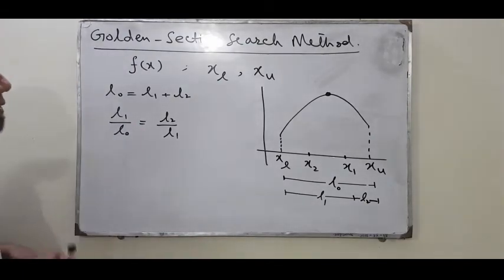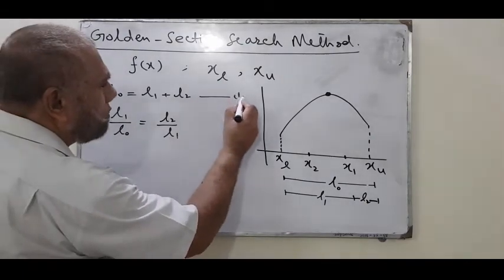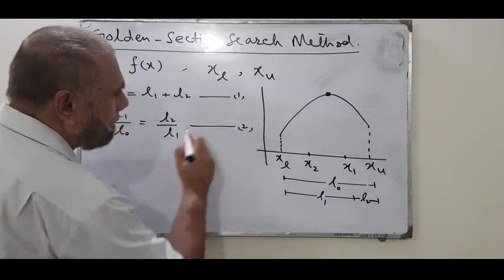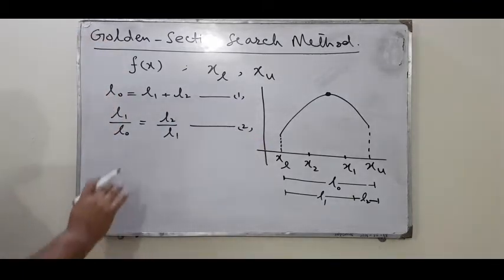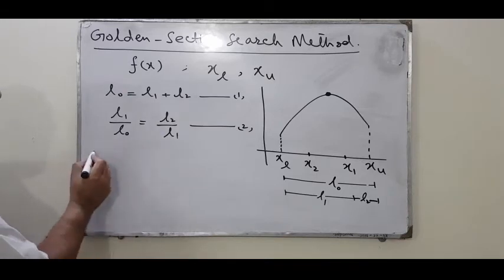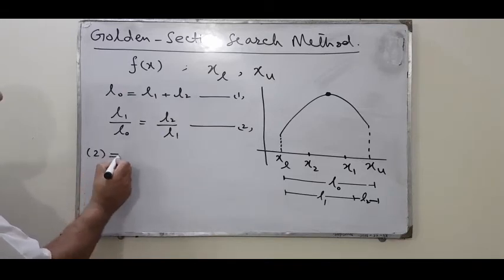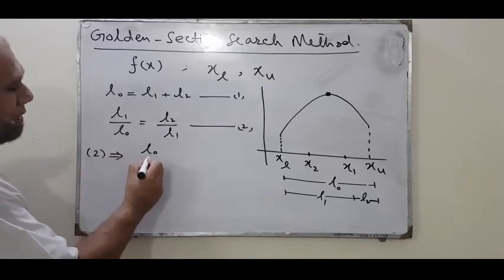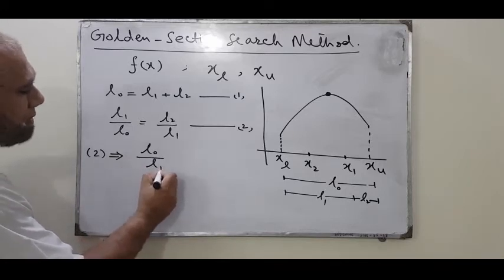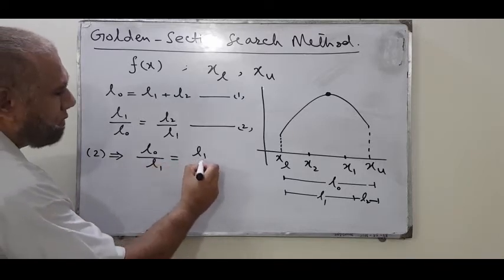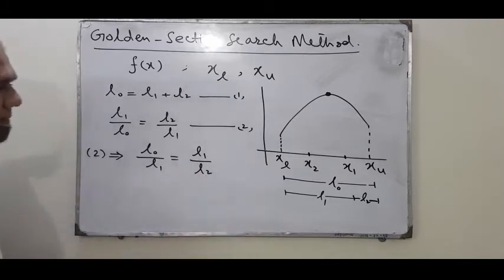So we are now using these 2 conditions in order to find out the golden number. From equation number 2, if we take the reciprocal on both sides, we can write it in the form of L0 over L1 is equal to L1 over L2.